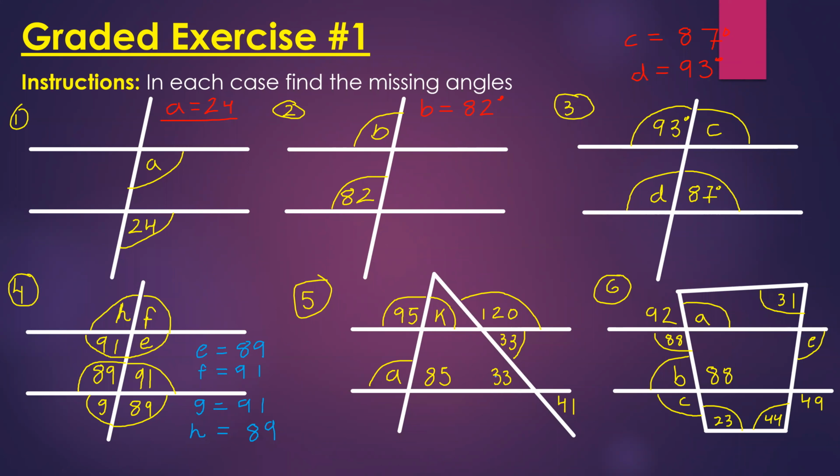No. It's way more straightforward than that. Look, this is 85, right? And that's K. So K is 85. I have that too.